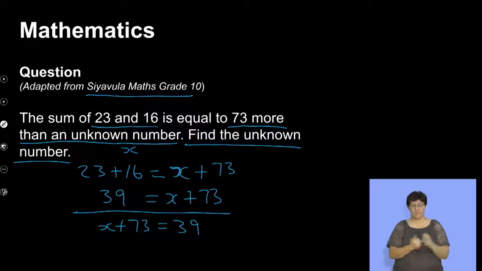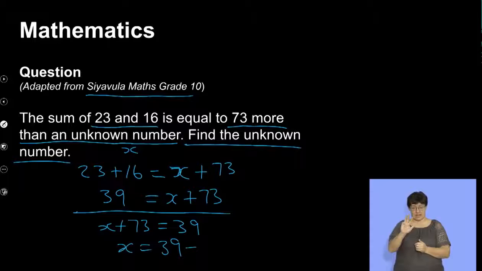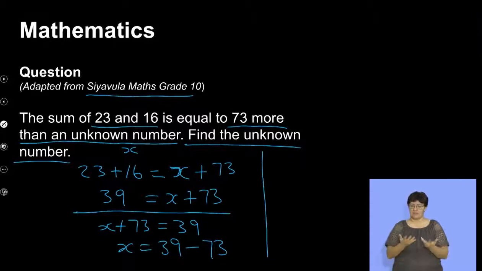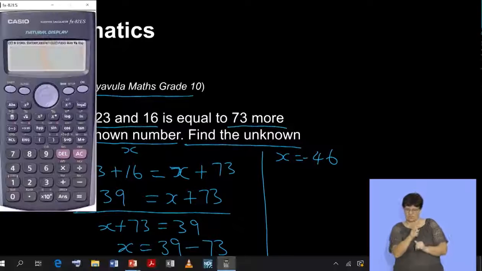So to work this out, I will say my x is equal to 39 minus 73, which I will then need to work out, right? So x is equal to, you can take this as the same as 73 minus 39, but the answer must always be negative. So that is actually going to give me 46. So the answer here will be 46, but a negative one. Let's just verify that my answer is correct.